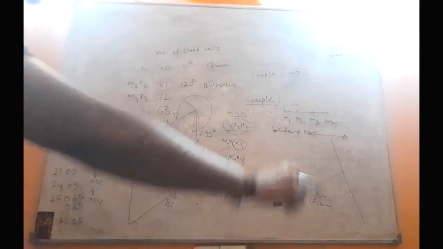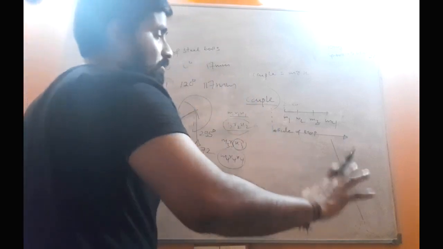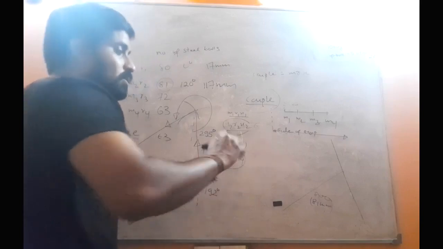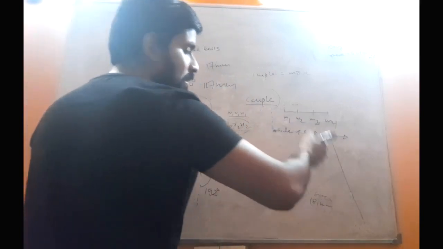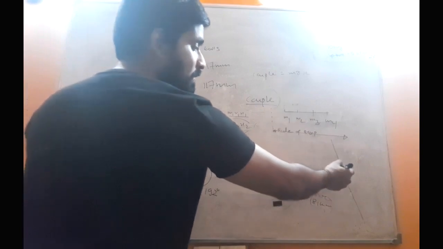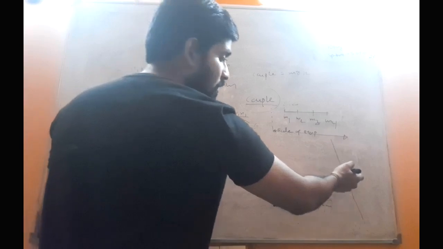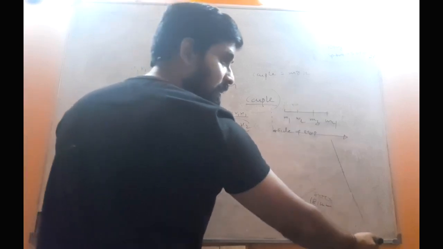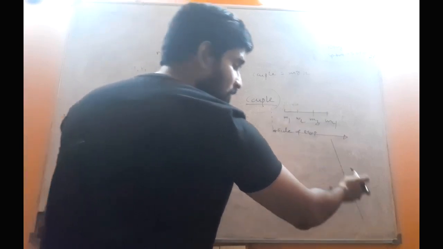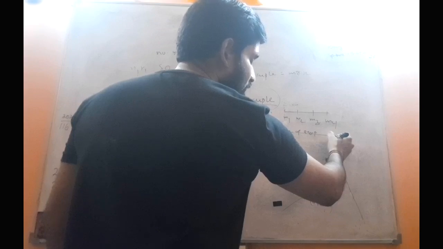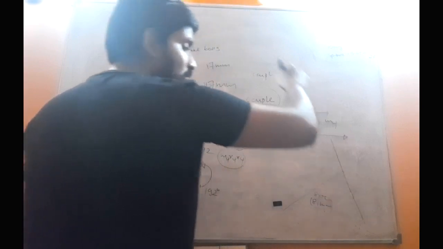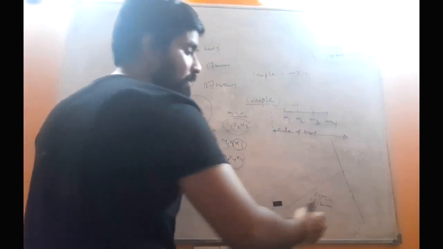Now if this polygon is completed, don't worry about the ending portion. If you start sketching the third vector, M3 R3 X3, from here, it will either go towards the upper direction or downward direction. If it goes upward, the ending point for the third vector will be here. If it goes downward, the ending point will be here.